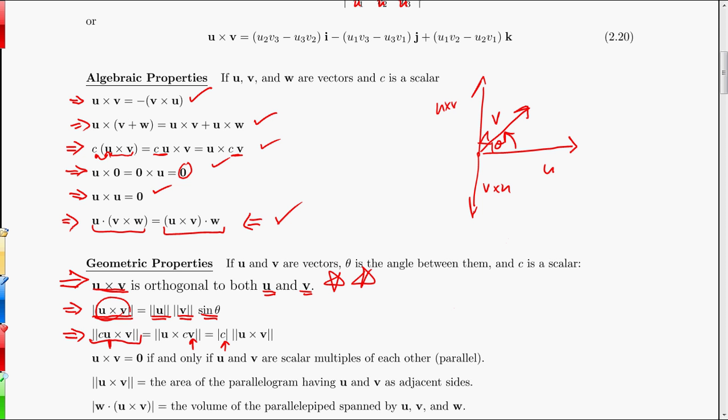So if you double the size of U, you double the size of U cross V. If you double the size of V, you double the size of U cross V. And it doesn't matter whether you multiply it by 2 or negative 2, because we're just talking about the length here. Okay, U cross V equals 0 only if U and V are essentially parallel, or the same vector going in the same direction or opposite directions, right?